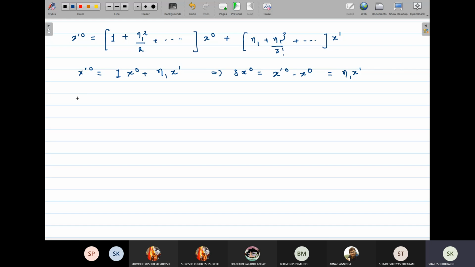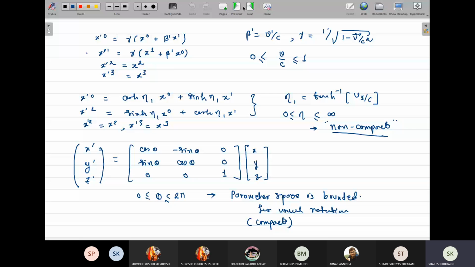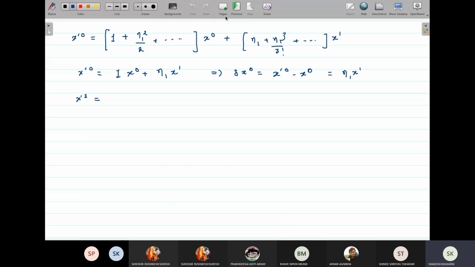Similarly, expand x prime 1: you will get eta 1 x0 plus x1, also up to order eta 1 squared, so I'm neglecting this part.